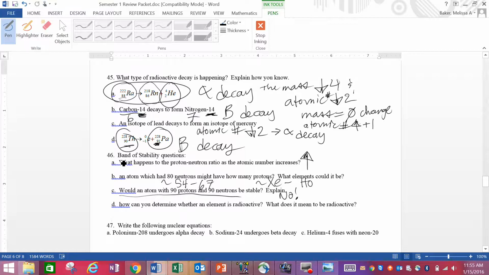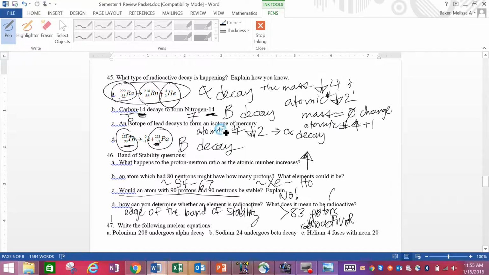How do you determine whether an element is radioactive? If it lands on the edge of the band of stability, it's radioactive. If it's got more than 83 protons, it's radioactive. And by the way, how can you even define radioactivity?